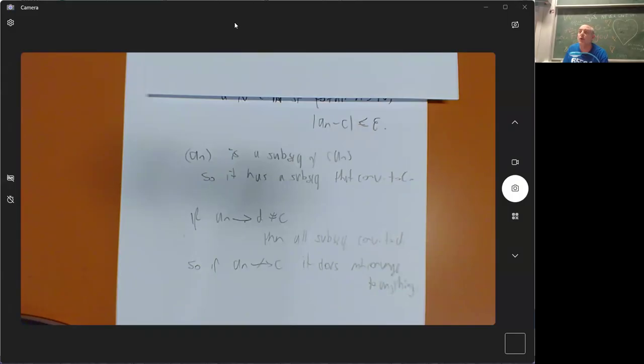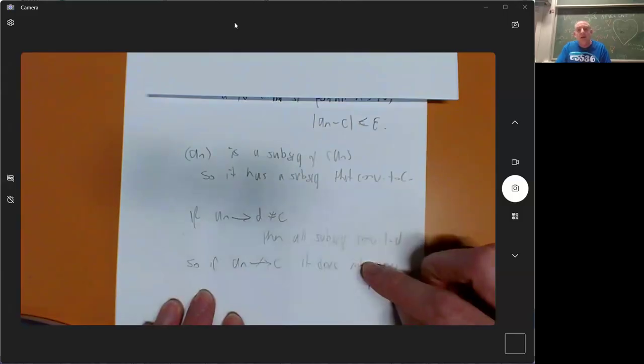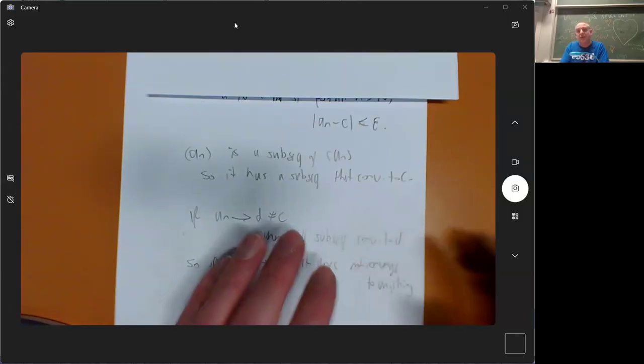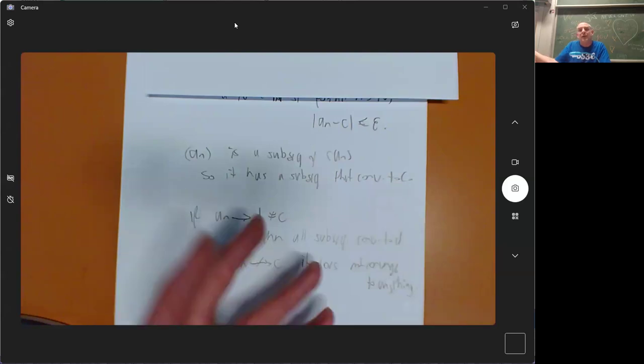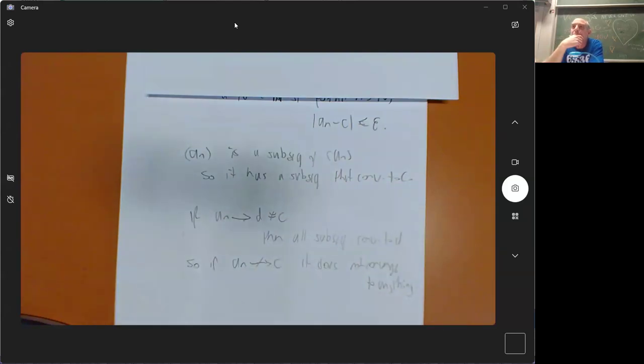Which is false. No, it could still be true. I'm just thinking infinitely many. You could have every second one, and that would still be infinitely many, but the other ones would not be close. Ah, but the other ones also have a subsequence that converges to C.